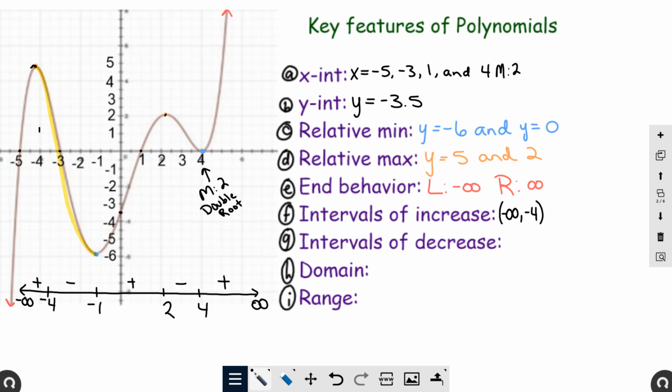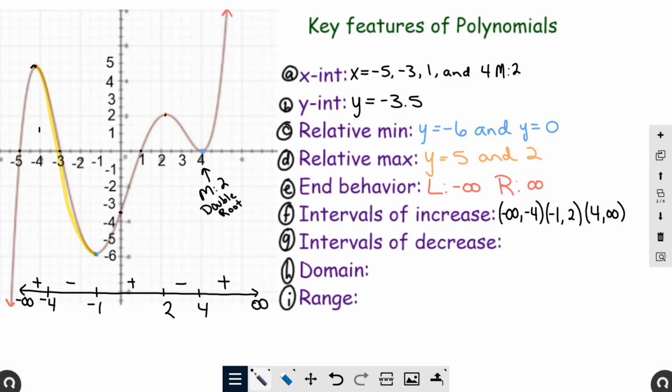So when it asks for intervals, we can write them in this way. Okay. It also increases between -1 and 2. And then it also increases between 4 and infinity. So we're looking for all of those plus signs where it increases. So there are 3 spots on this graph where it increases.